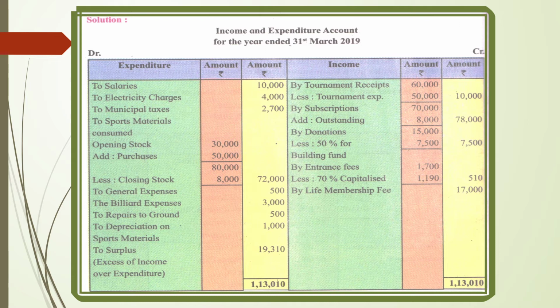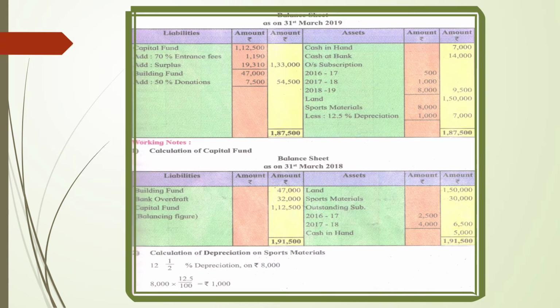So friends, you should mention it in the closing balance sheet as outstanding subscription: 2016-17, 500 rupees; 17-18, 1,000 rupees; and the adjustment number 4 outstanding subscription of rupees 2,500 is of 2016-17. You mention it in the opening balance sheet, and 2017-18 of rupees 4,000 in the opening balance sheet, asset side.